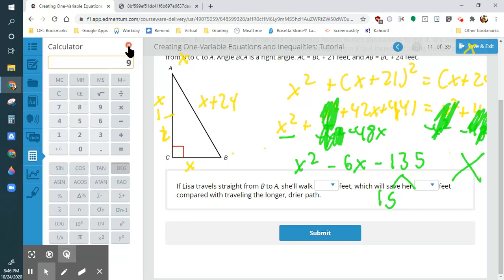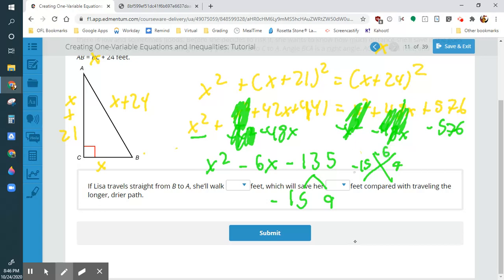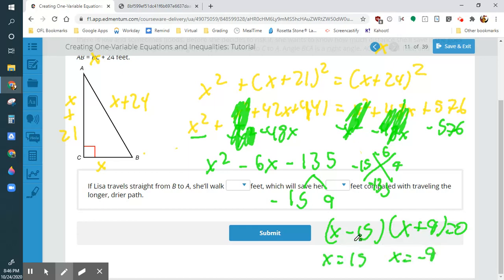Oh, perfect, that worked out. So this times 9, and I want the bigger number to be negative. -15 plus 9 equals -6, and if we multiply them, we get -135. So our answer is x minus 15 times x plus 9 equals 0. In other words, x equals 15 and x equals -9.